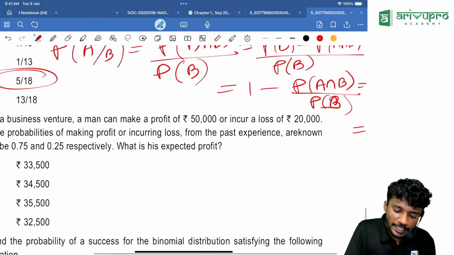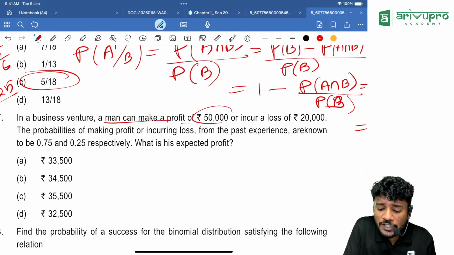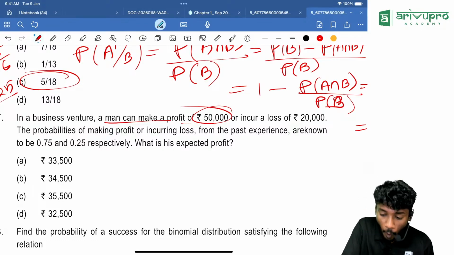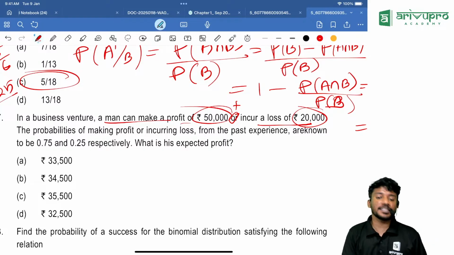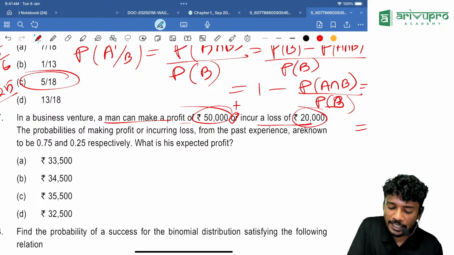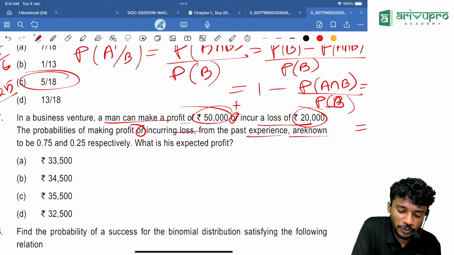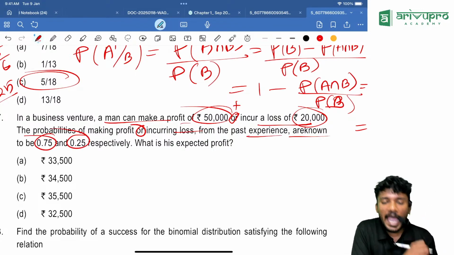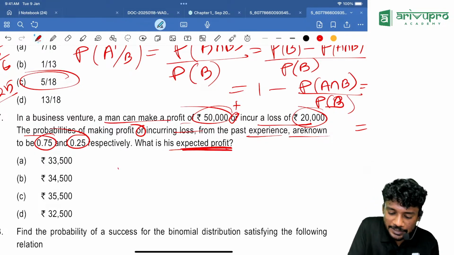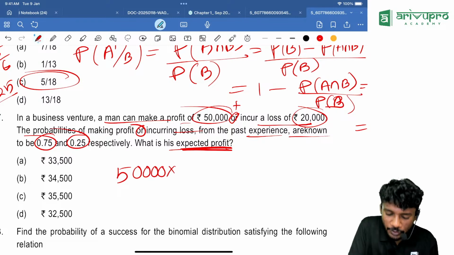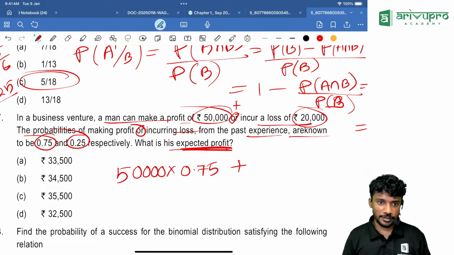Now, in a business venture, a man can make a profit of how much? 50,000, or incur a loss of 20,000. The probability of making a profit or loss from past experience are known to be 0.75 and 0.25. What is the expected value? That means 50,000 into 0.75 minus 20,000 into 0.25.